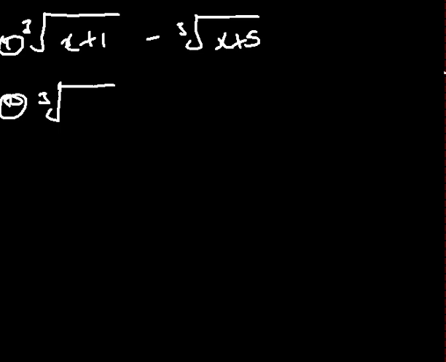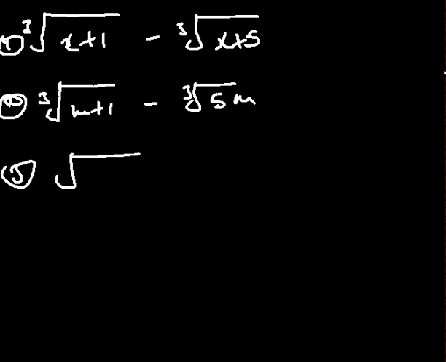Let's say the cube root of m plus 1 minus the cube root of 5m. What would be that one? And let's say we have the case where we have the cube root of ab plus the cube root of xy. So try to have that.